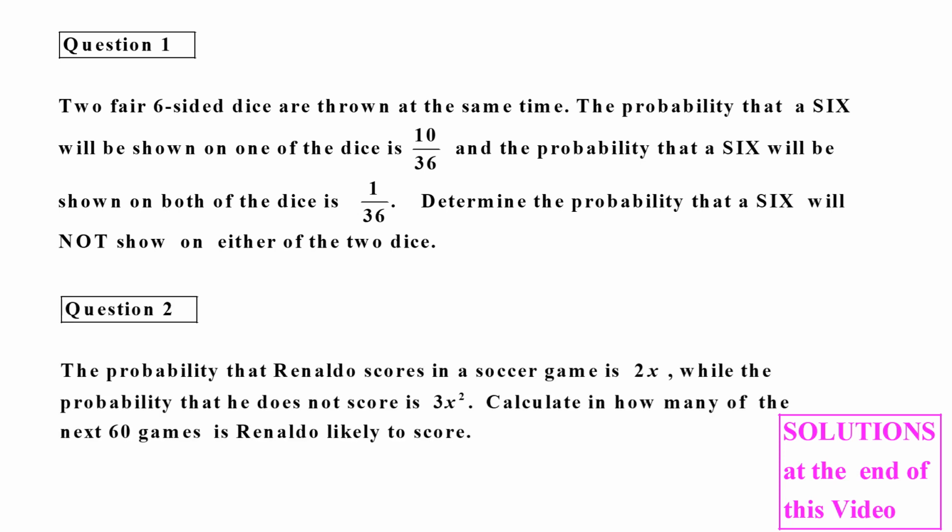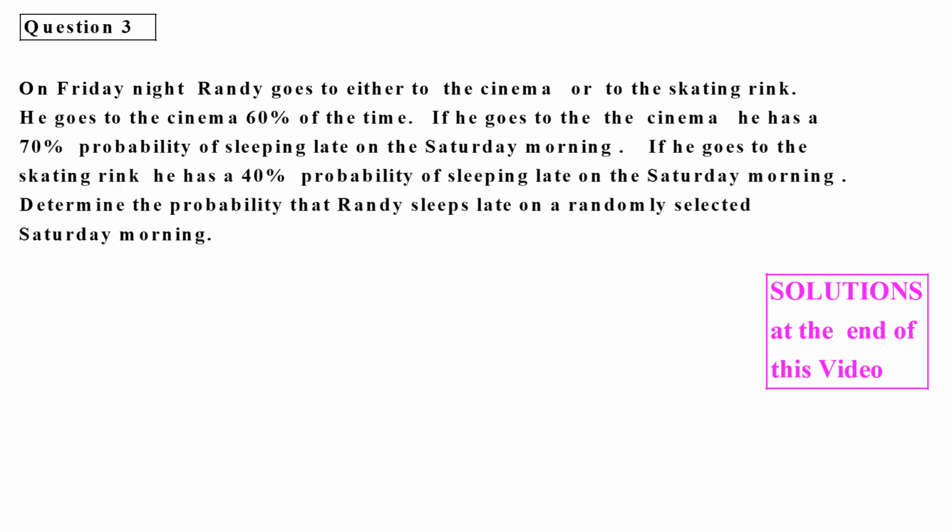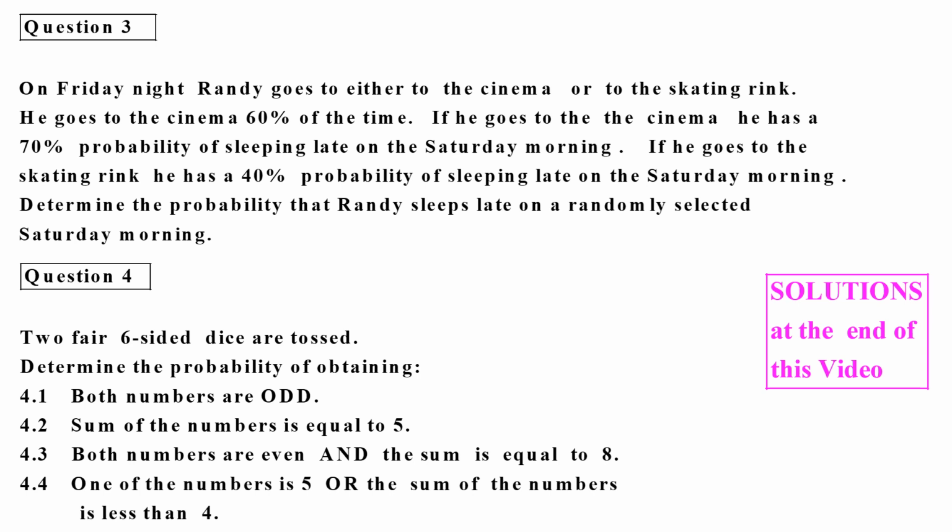Question number 2. We've got a question here where you have to know the concept that the sum of the probabilities is equal to 1. Question number 3. Here we've got a question where probabilities are given. Question number 4, we again have a question on two fair six-sided die.